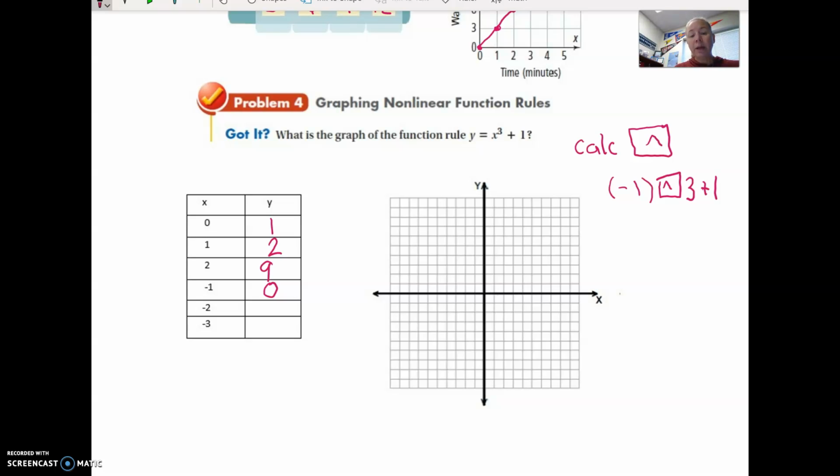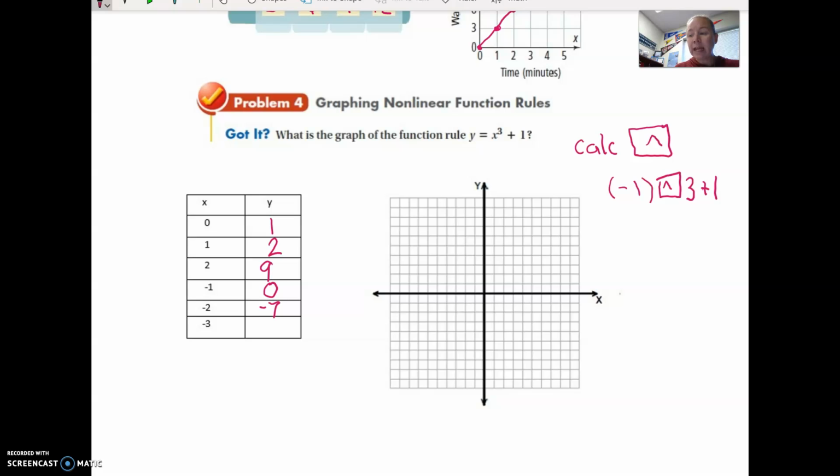And then remember, when you're doing -2, if you're going to use your calculator, you would do parentheses -2 and then your caret button to the 3 and then +1. So if you type that correctly, you should get -7 on your calculator. So you might want to practice that and check that you're getting that answer.